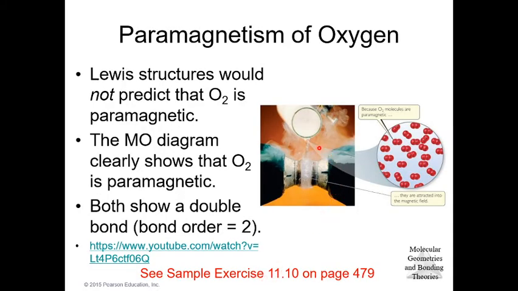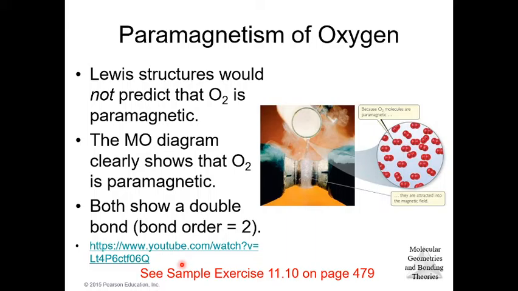So what this picture is trying to show here is someone pouring liquid oxygen between a magnet and it's attracted to the magnet. It's kind of a lousy picture. I highly recommend you watch this YouTube video that demonstrates that yes, liquid oxygen really is attracted to a magnet. It is paramagnetic. Molecular orbital theory is correct. Okay?